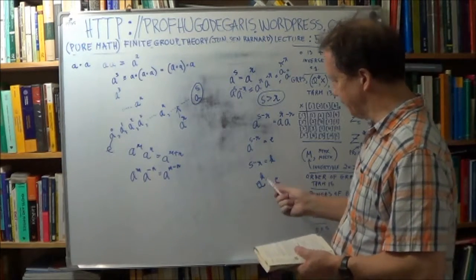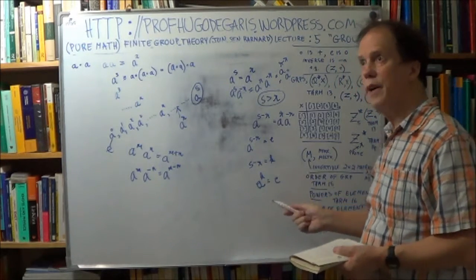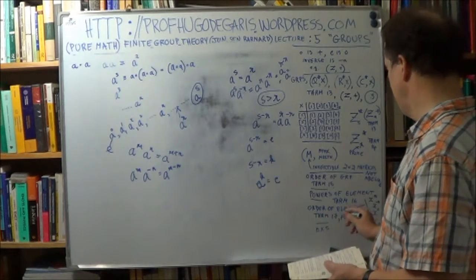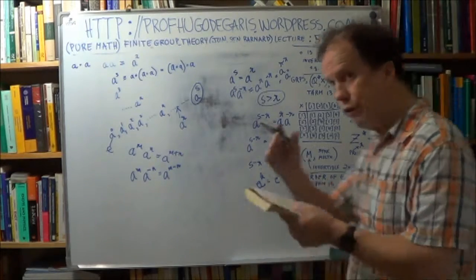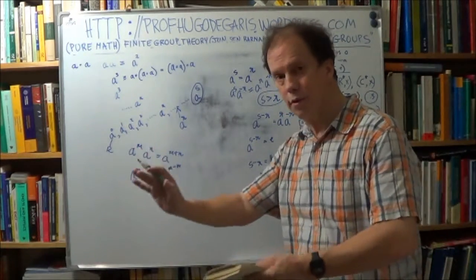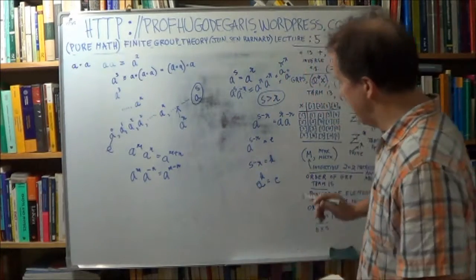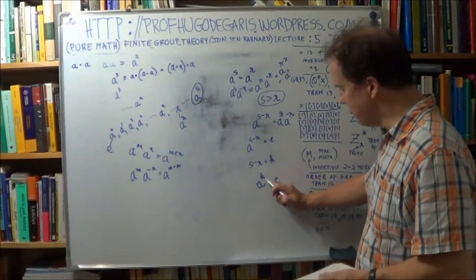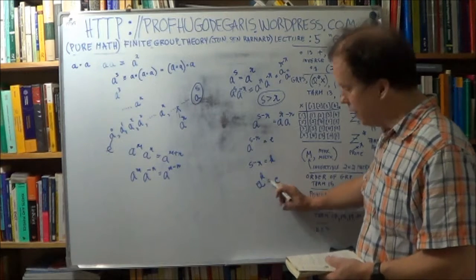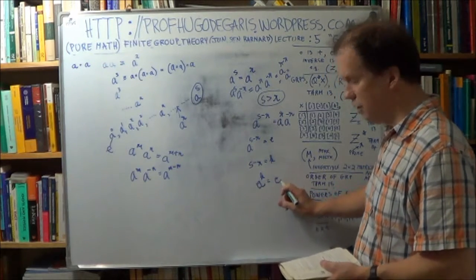Now we can define the order of an element, not the order of a group. That's something else, that's the size of the group. The order of an element is the smallest positive integer k so that A to the k is the unit.